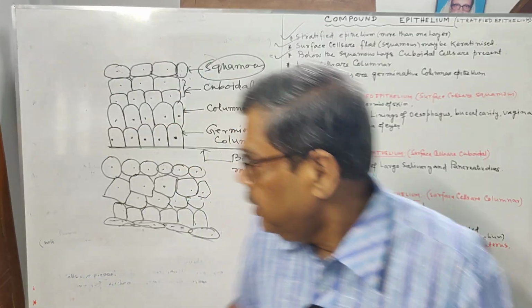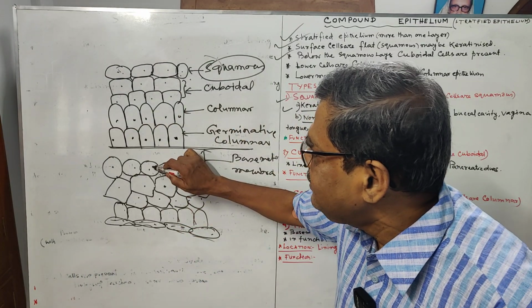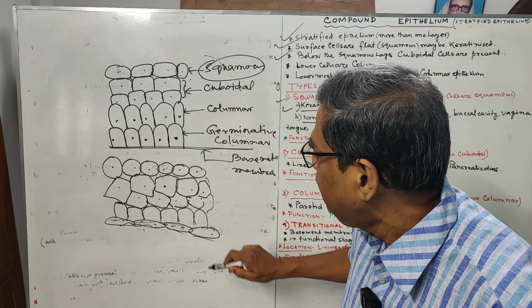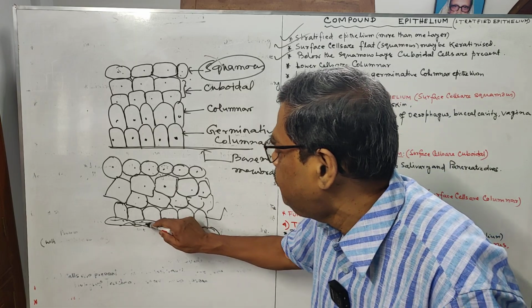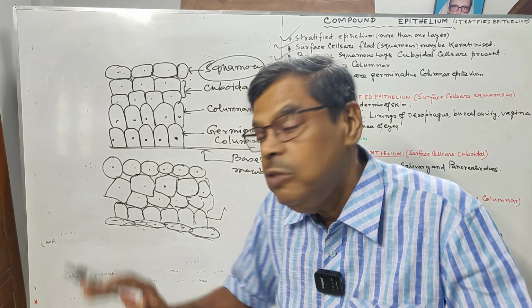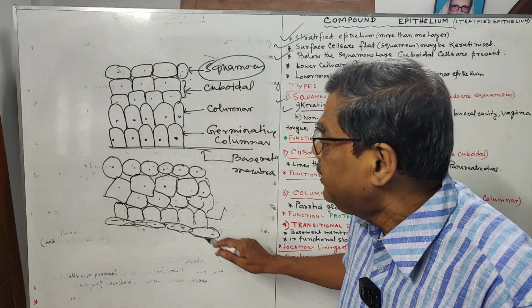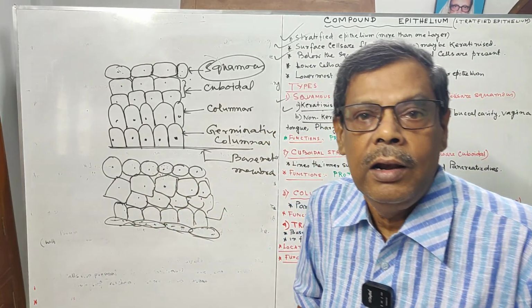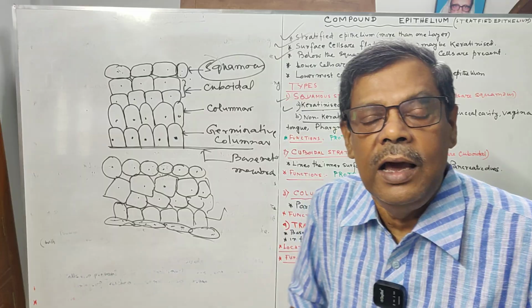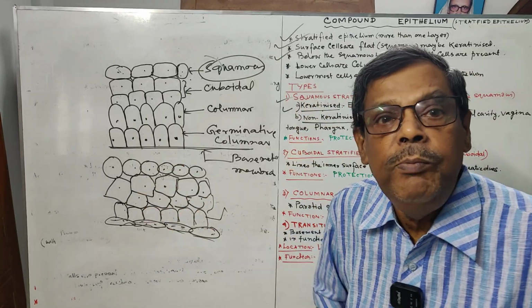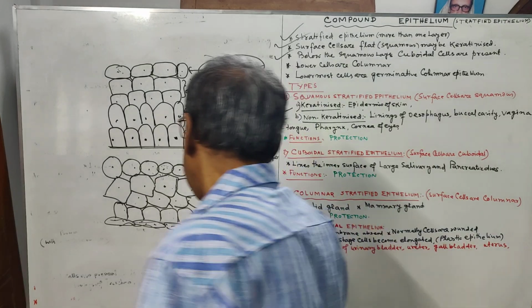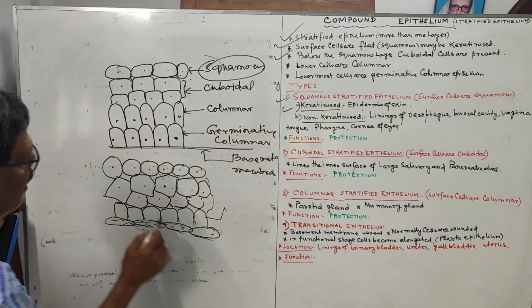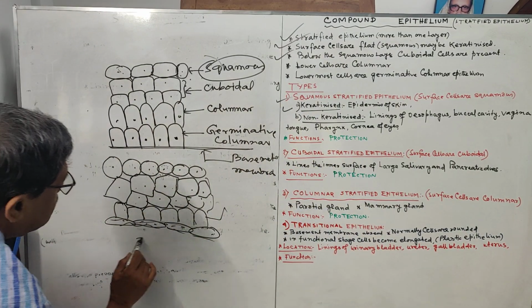In the normal state, it has oval cells, polyhedral cells, then columnar or cuboidal cells, then connective tissue. There is no basement membrane. But in stressed condition, these layers may be elongated.